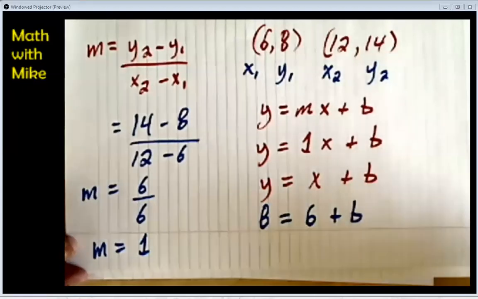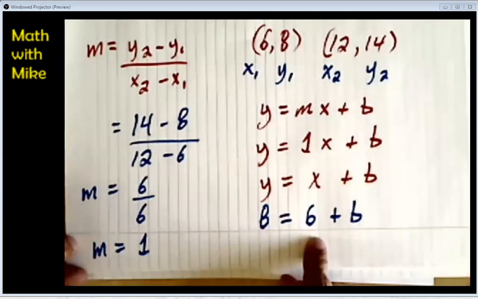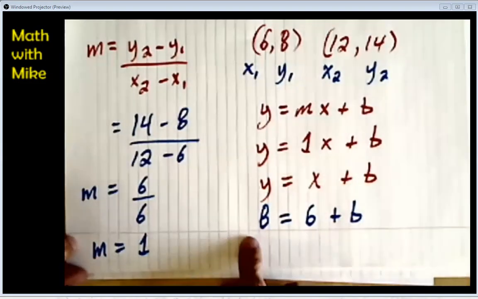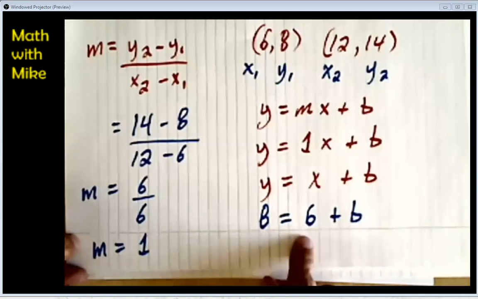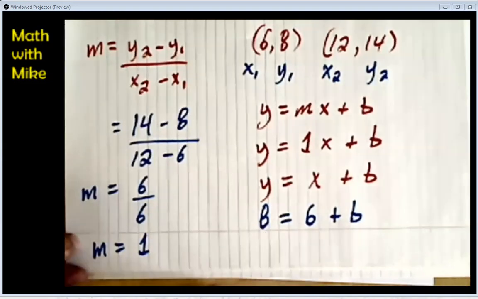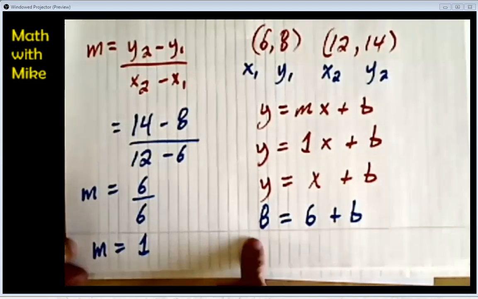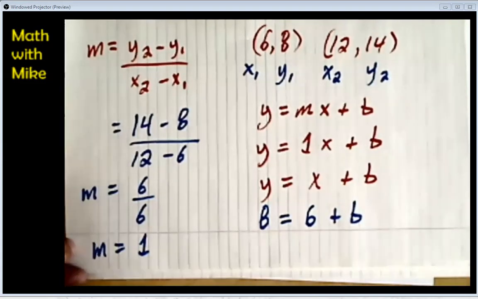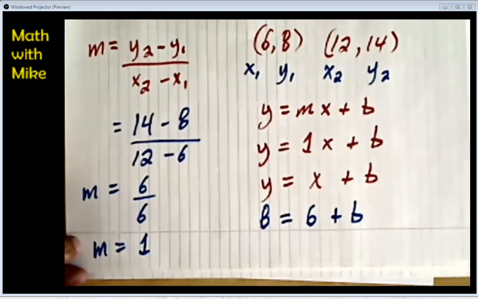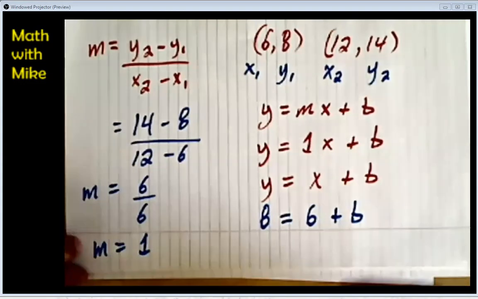We could move the 8, but then that would leave nothing on this side. Then you can move the b, that's true. So you could do that, but I'm going to do it a little shorter way. I'm going to move the 6, and then the b is by itself. Not wrong if you did that, but just one line longer.